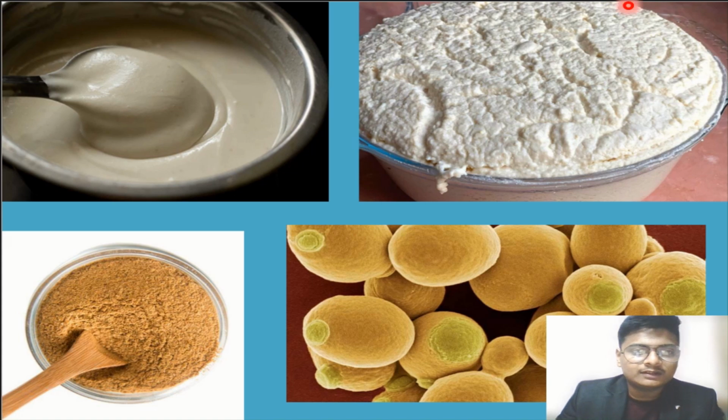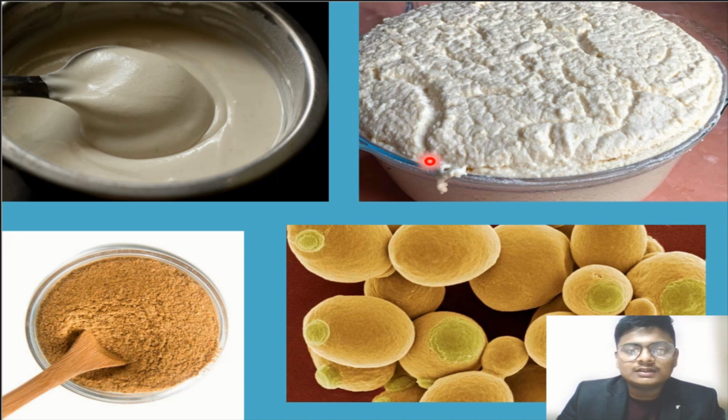See, in the first one a batter is made, and after some time we can see in the second image it is puffed up. Are you able to see this? From this puffed one, what can we make? This is the batter of idli or dosa. So what is making this batter puffed like this?